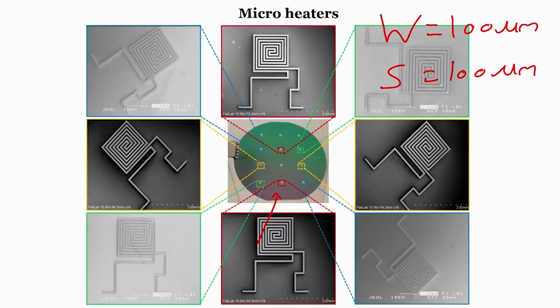And then on the oxide, this part is chrome gold. So, now the question is, why have we designed the heater in this particular fashion?